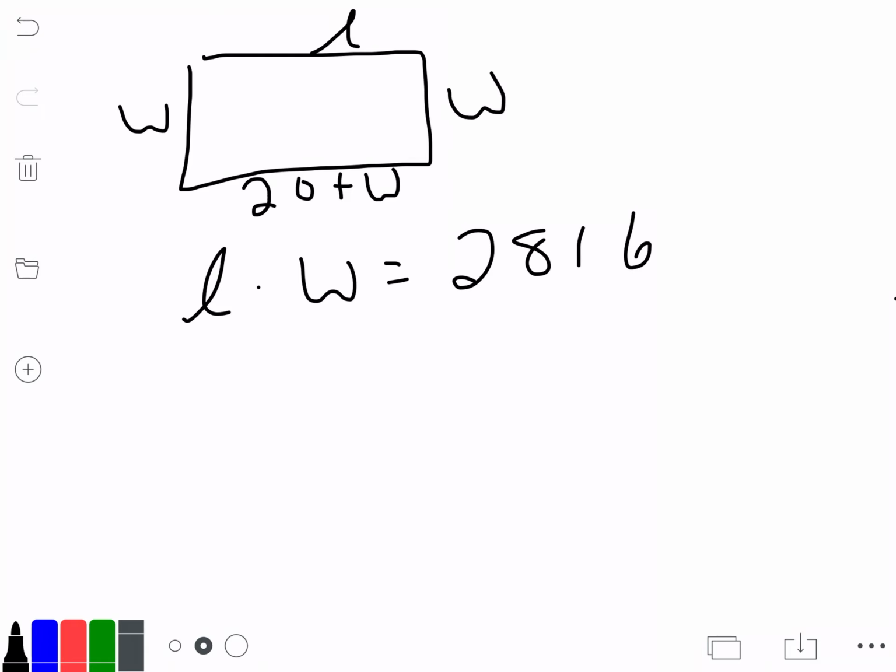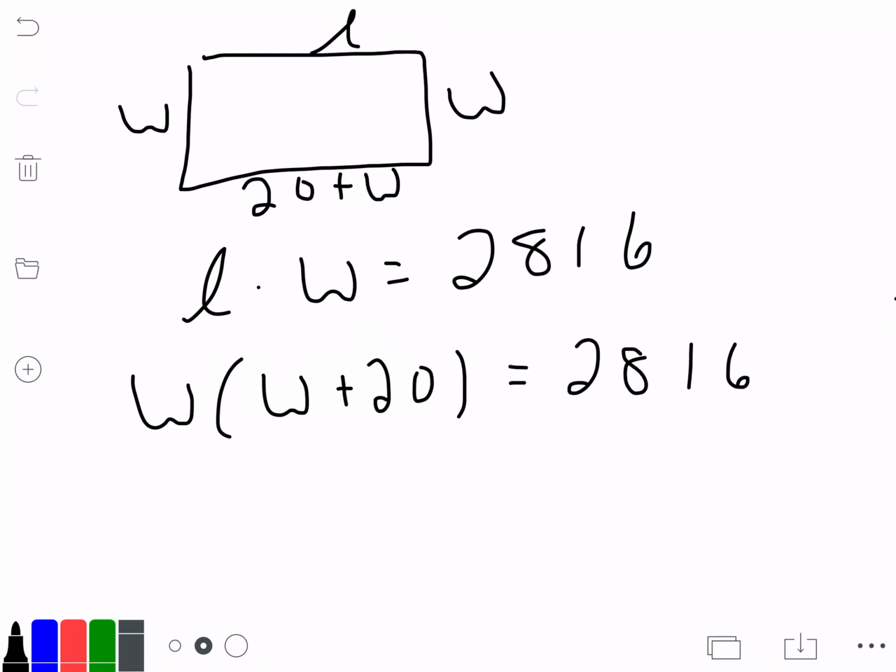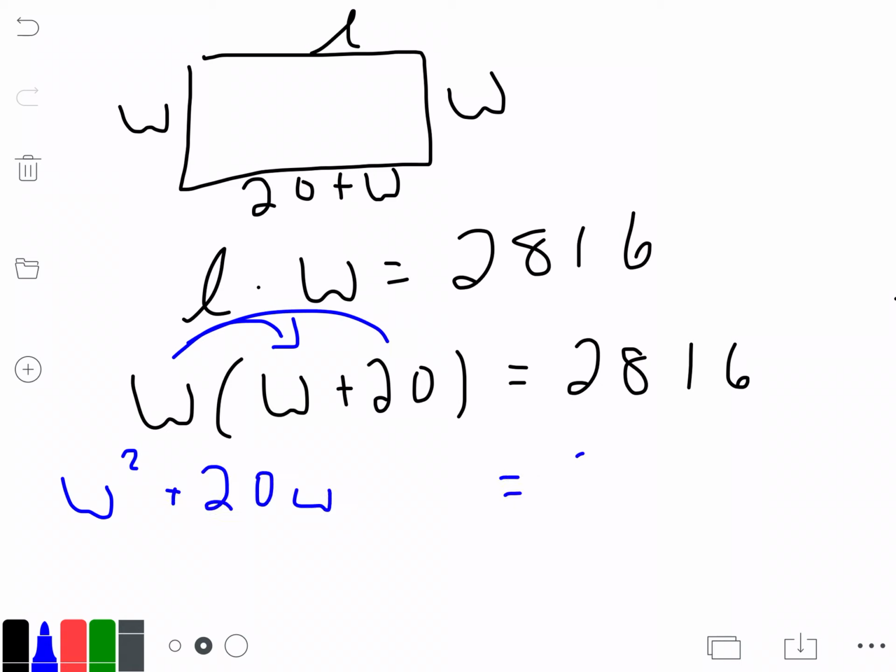So when we multiply those together, width is going to be W times (W + 20) equals 2816. So now we're going to distribute. W times W, W squared, plus 20W equals 2816.